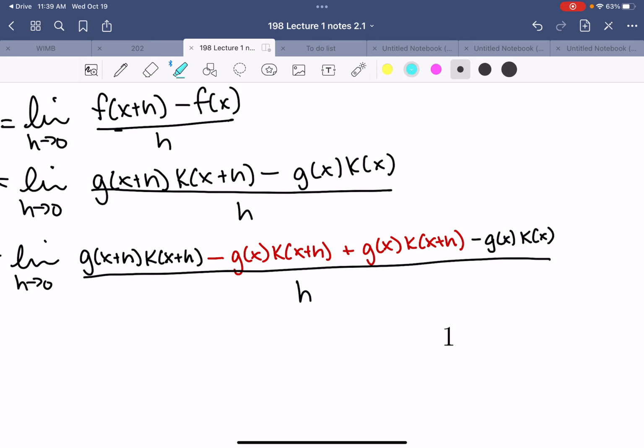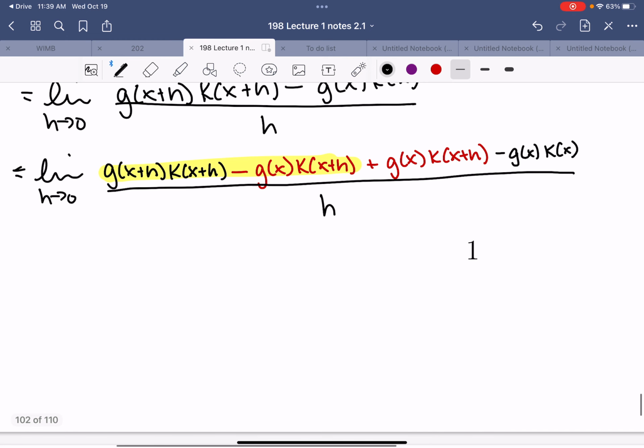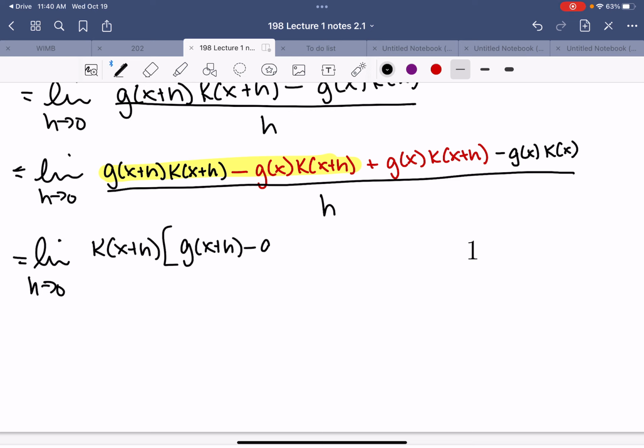So what I'm going to do is look at these first two and notice that they have a k of x plus h in common. So I'm going to make this the limit as h goes to 0, and I'm going to take out a k of x plus h. And when I do that, I have g of x plus h minus g of x left.